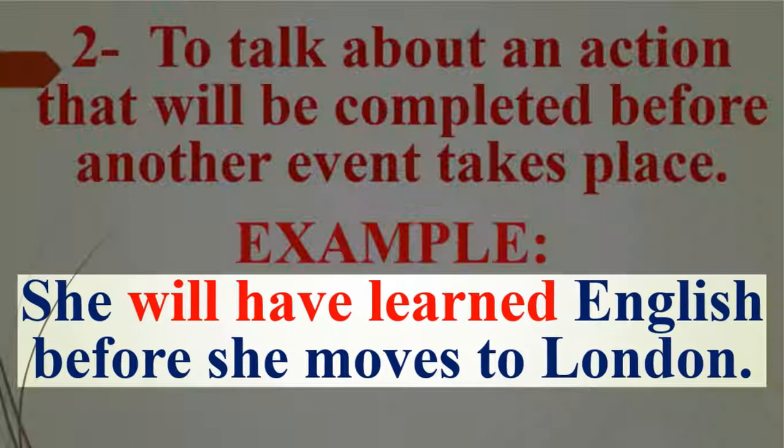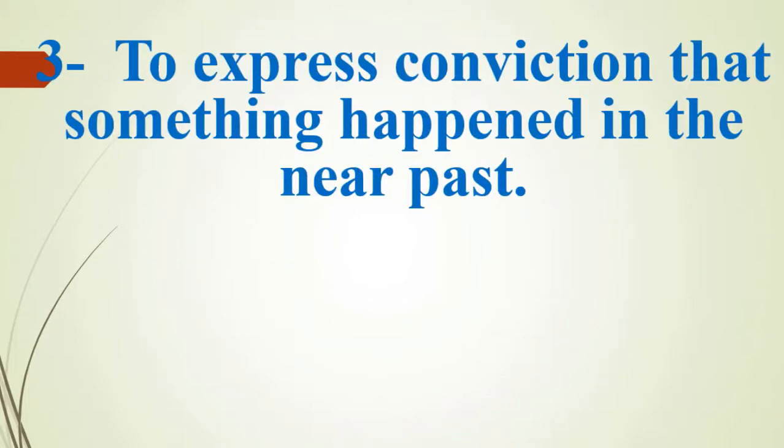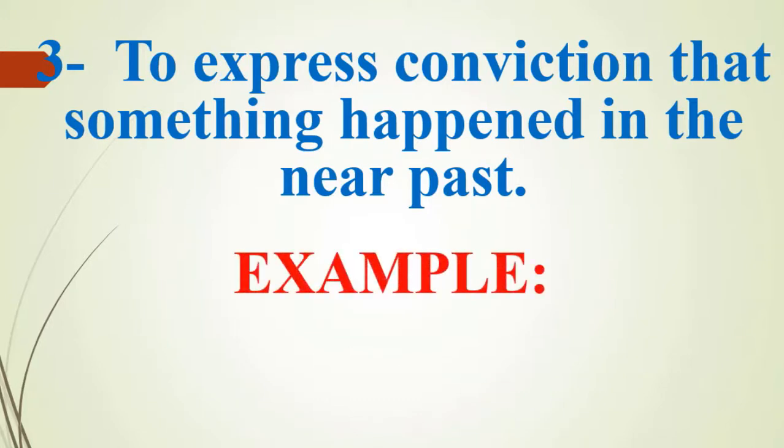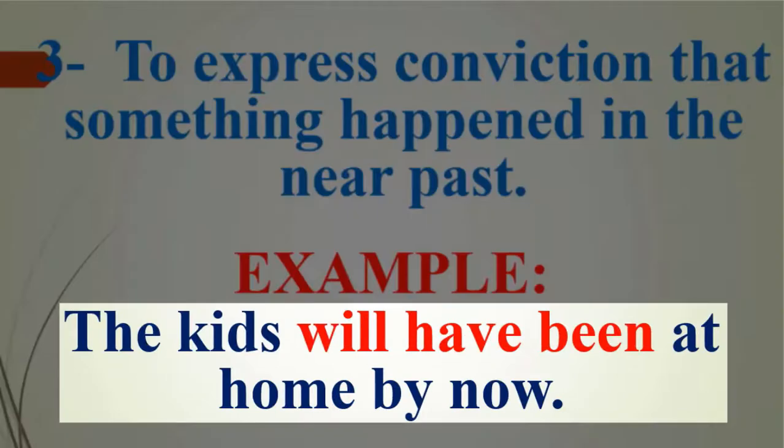For example, she will have learned English before she moves to London. Three, to express conviction that something happened in the near past. For example, the kids will have been at home by now.